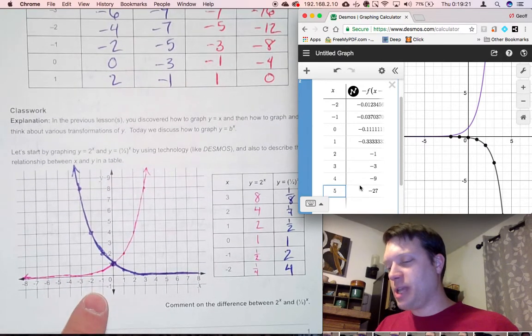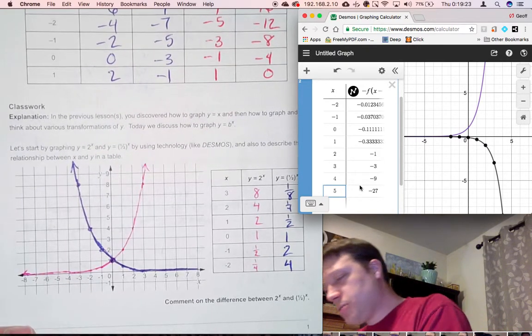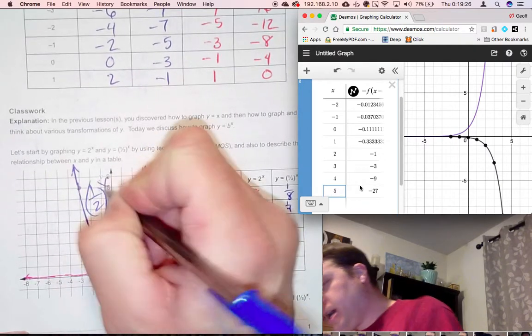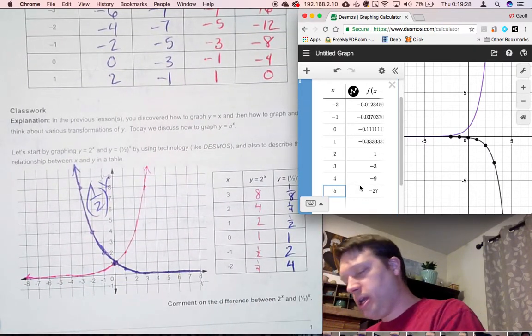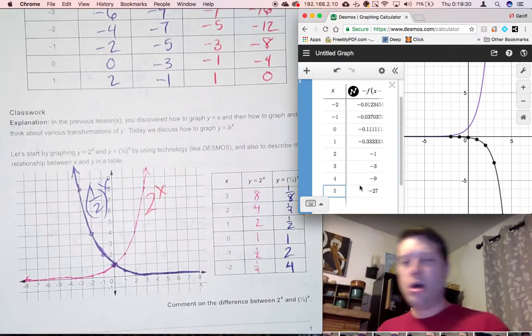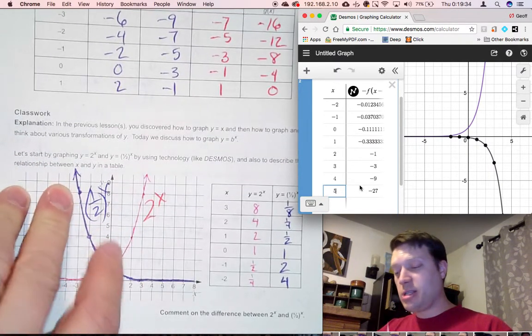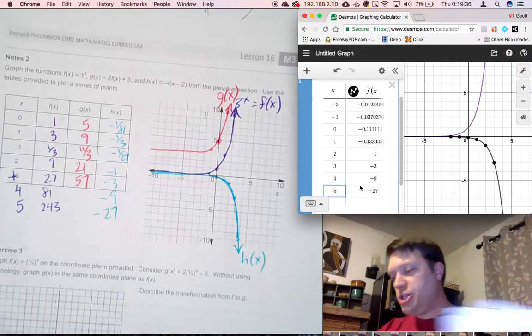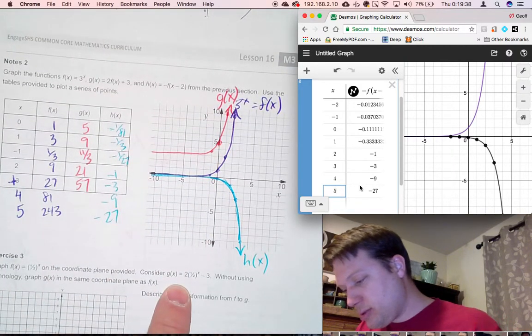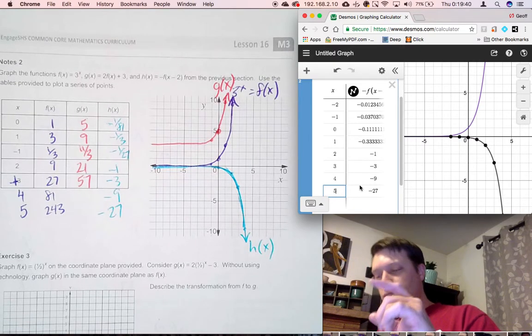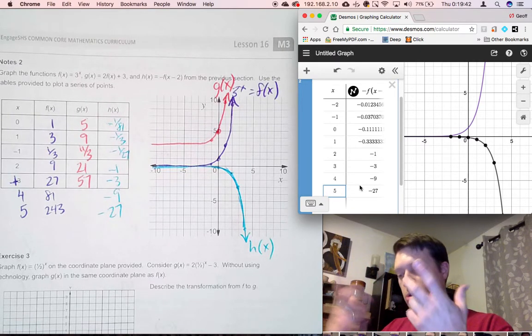If we know that this one is 1/2 to the x and this one is 2 to the x, all we need is to make a fraction of it, and it's going to flip it over the y-axis. That gives us the chance to graph g of x, but instead of having it be 2 to the x minus 3, we can just flip it around.